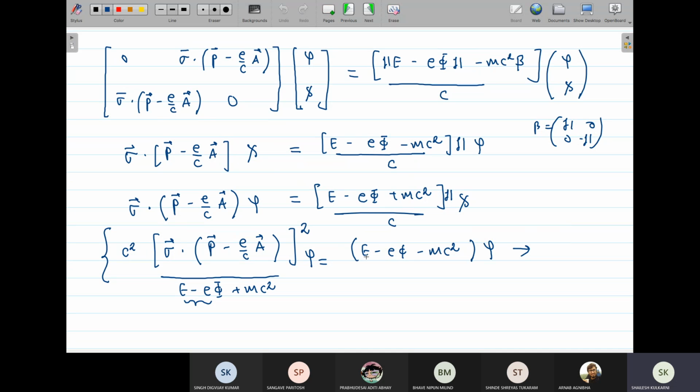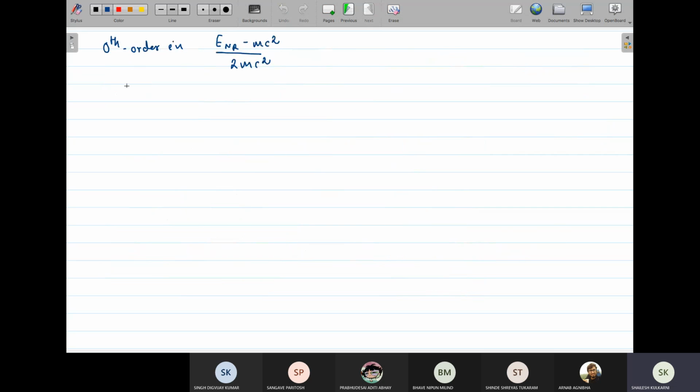When I write E as ENR plus mc square, the mc square terms cancel, so ENR minus e phi remains. That I cannot neglect. This is basically ENR minus e phi, and I have to keep it. So at 0th order, what am I going to get?